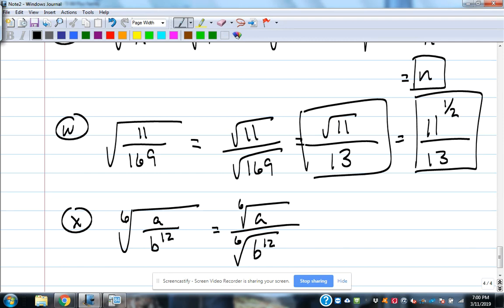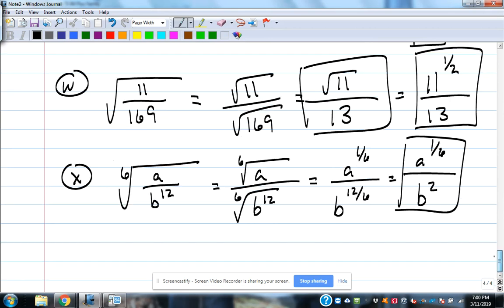One of the best ways to simplify is to think about it in terms of rational exponents. So that would be a to the 1/6 over b to the 12 over 6, which reduces to b squared, a to the 1/6 over b squared. You could also write that as the 6th root of a over b squared.